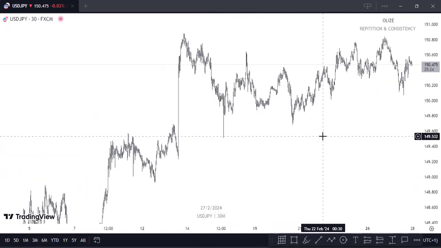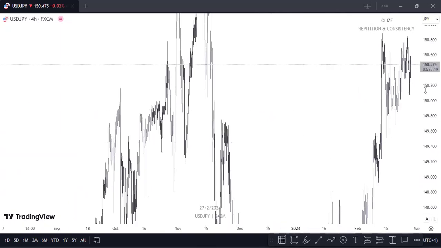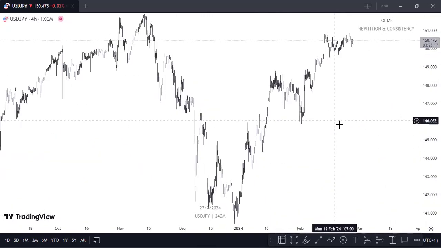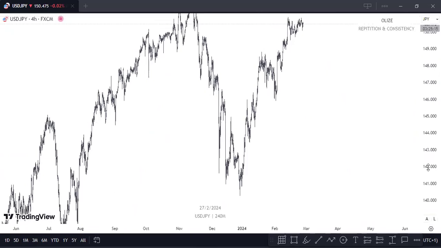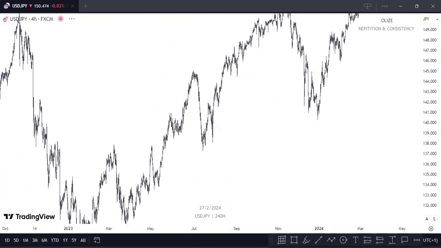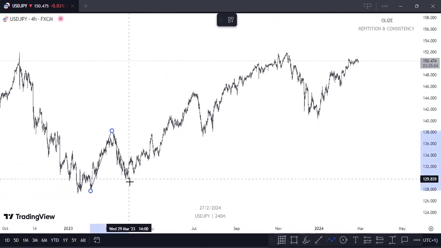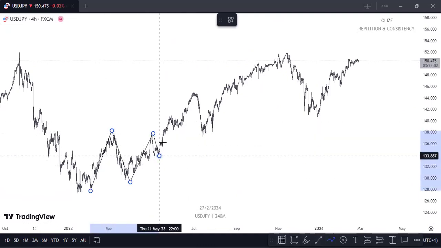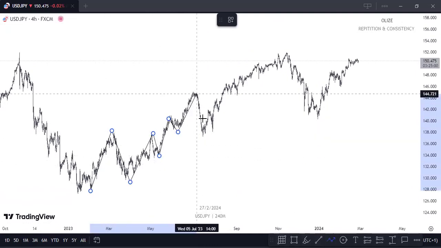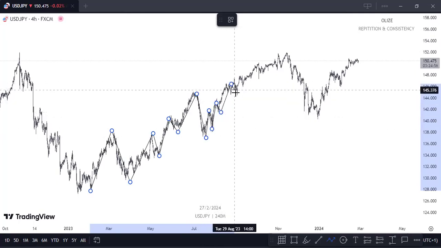Okay, so this is USDJPY. So boss, let's start from 4 hours, then we can go down. So, what trend are we on currently? An uptrend, bullish. Once price breaks, we can see the consecutive breaks of structure will happen to the upside.